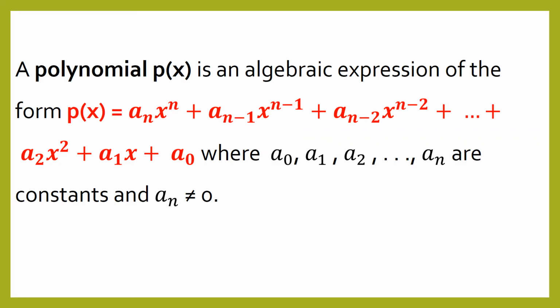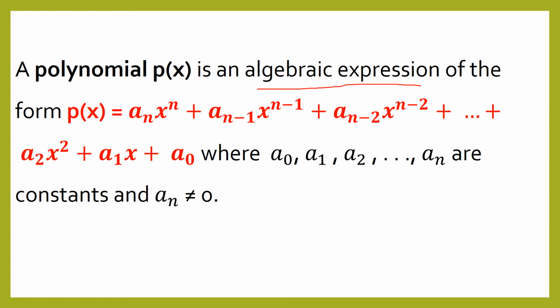Before we do the exercise, let's understand polynomial in detail. Polynomial is an algebraic expression. That means it will only consist of constants, variables, and some arithmetic operations like plus, minus, multiplication, division, or exponentiation.